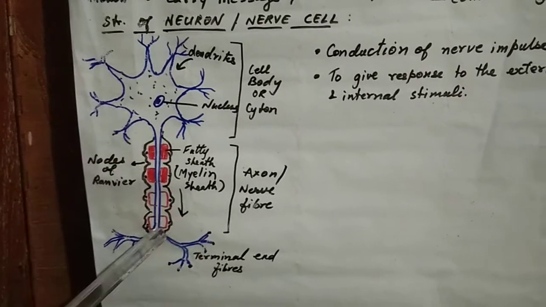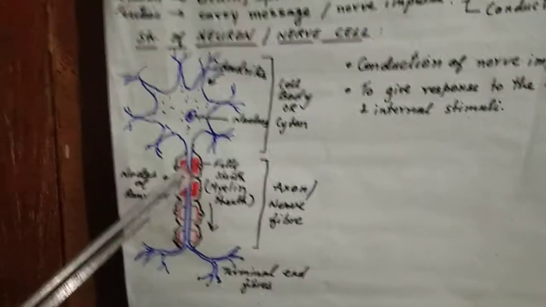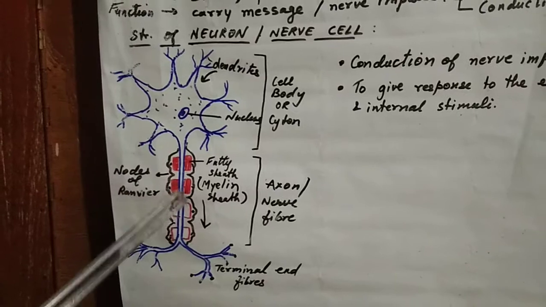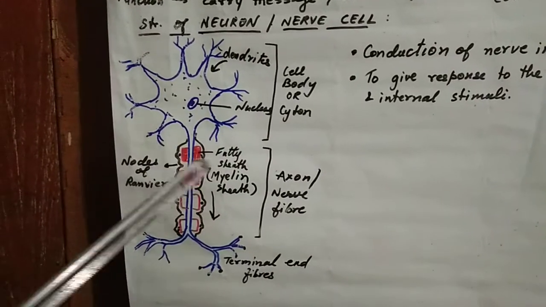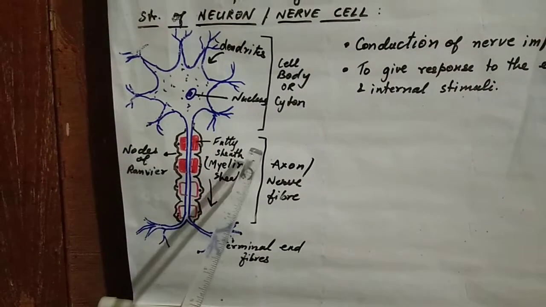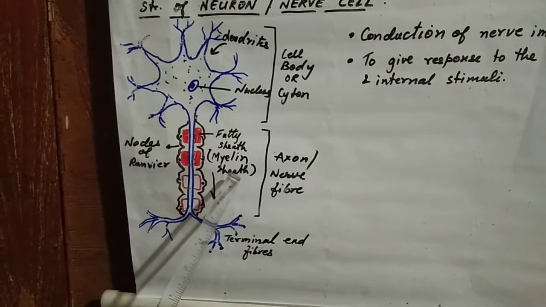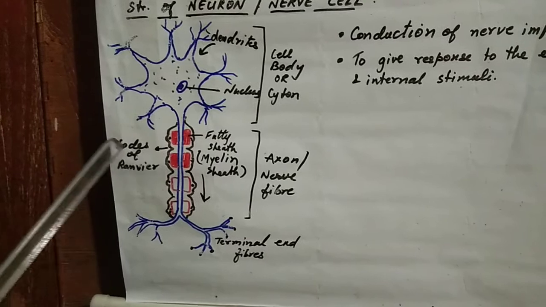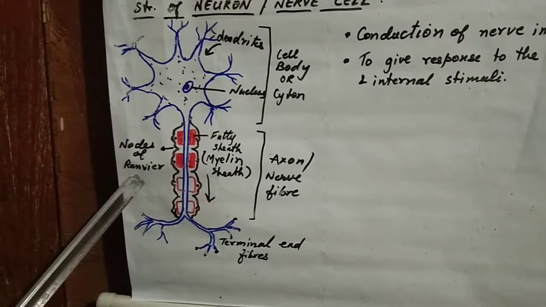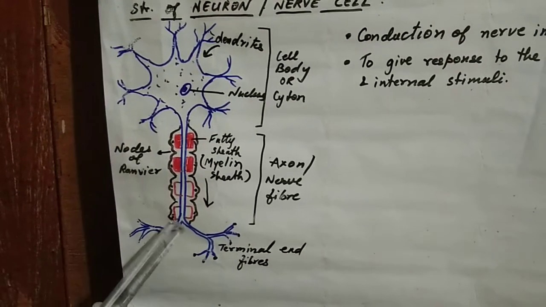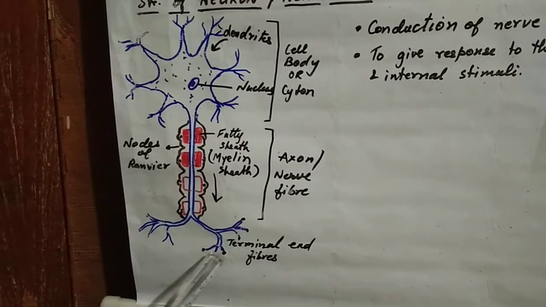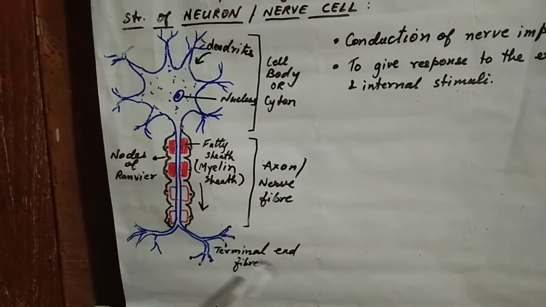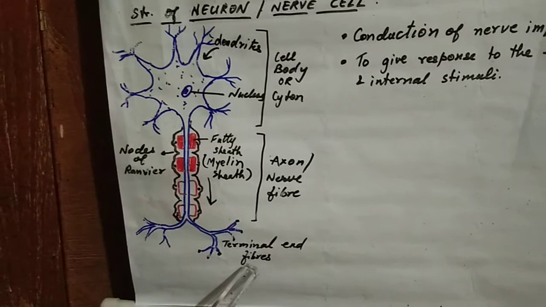Let us see the axon. In the axon, you will find some cells located at regular intervals having a fatty sheath. They are called the myelin sheath. Between two myelin sheaths, there is a space which is called the node of Ranvier. And this axon terminates into various branches which are called terminal ends of fibers.